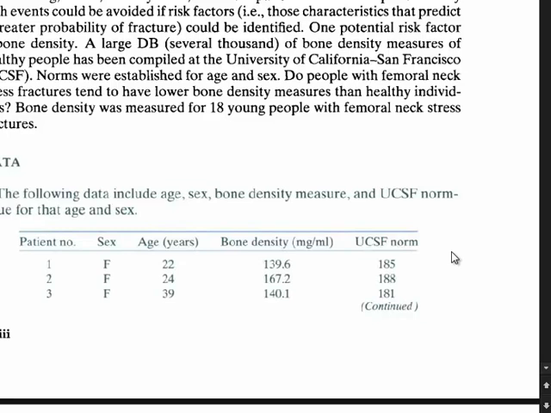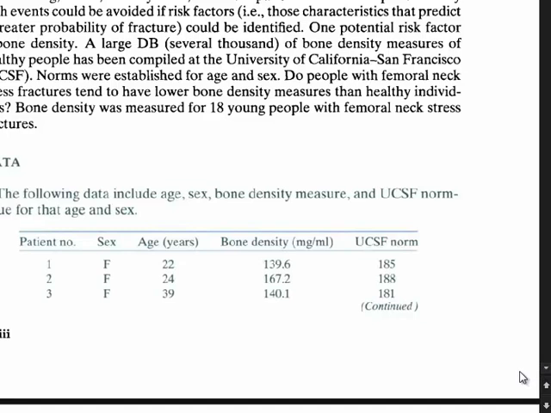But for what we're interested in, to find what kind of risk factors we have for people with femoral neck stress fractures, we use a study which is basically compiled by data received from 18 patients.